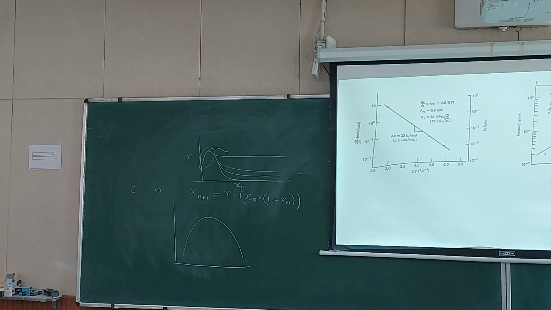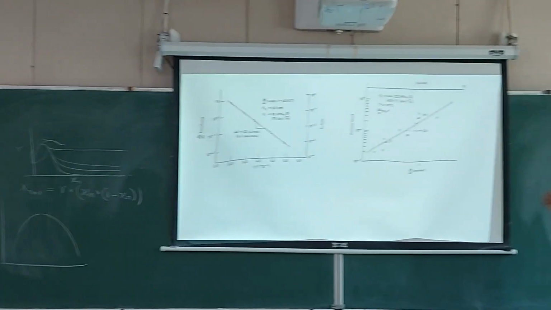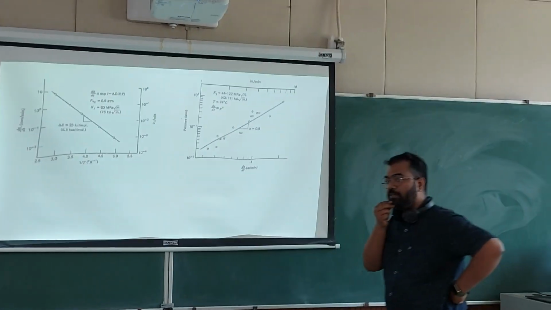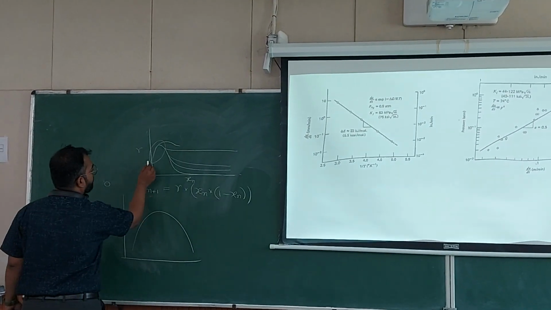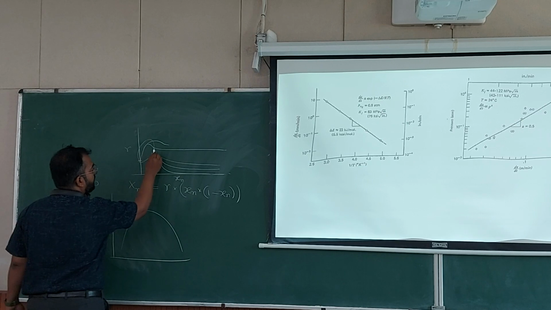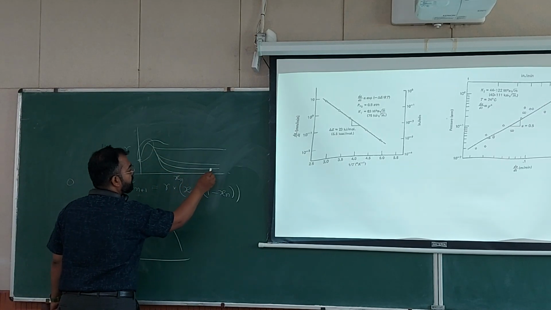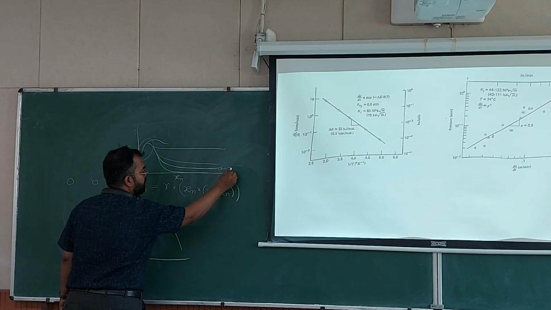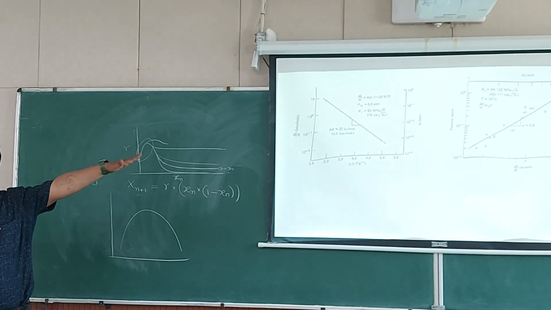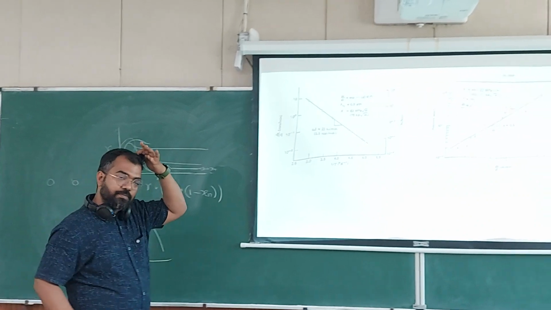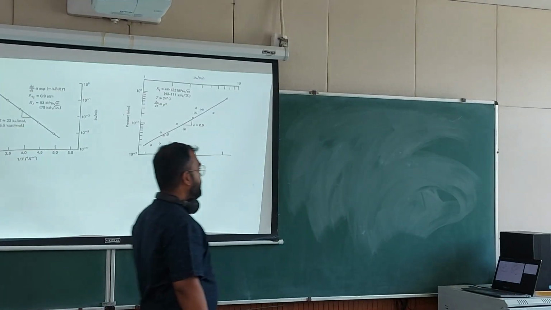So you have to do this kind of calculation for different values of r, and you have to find out different equilibrium values of xn. So for example, for this particular value of r, you have this curve which is getting equilibrated at this value of xn. Okay, so for different values of r, the curve will be saturating at different values. You take those values and then you plot it.